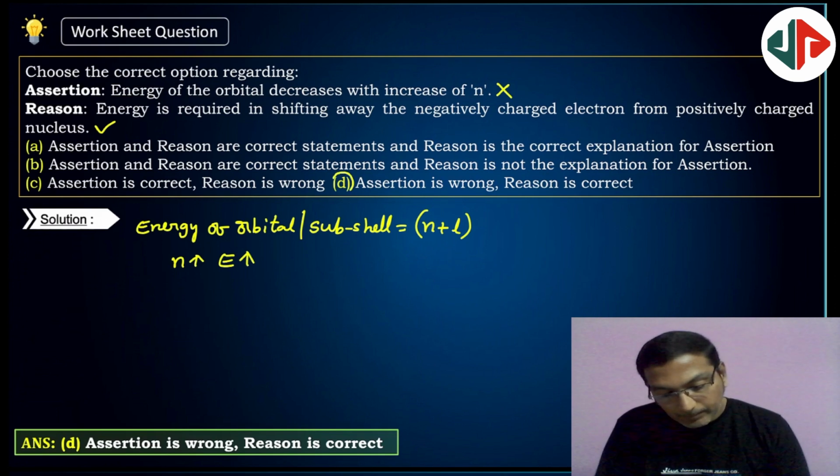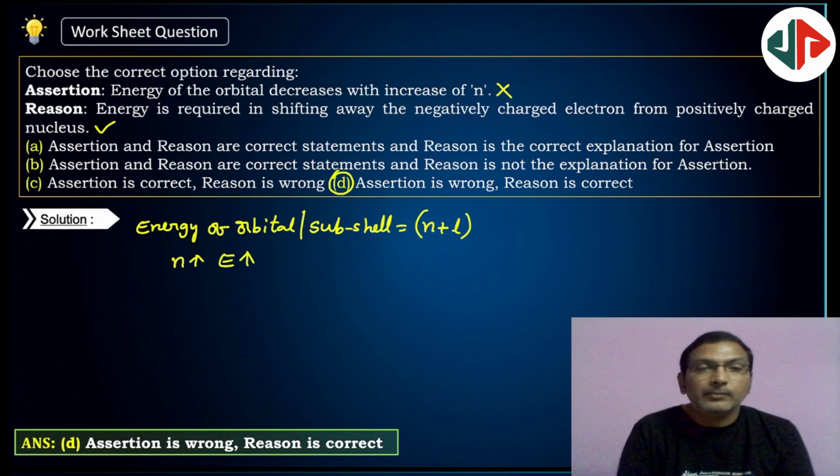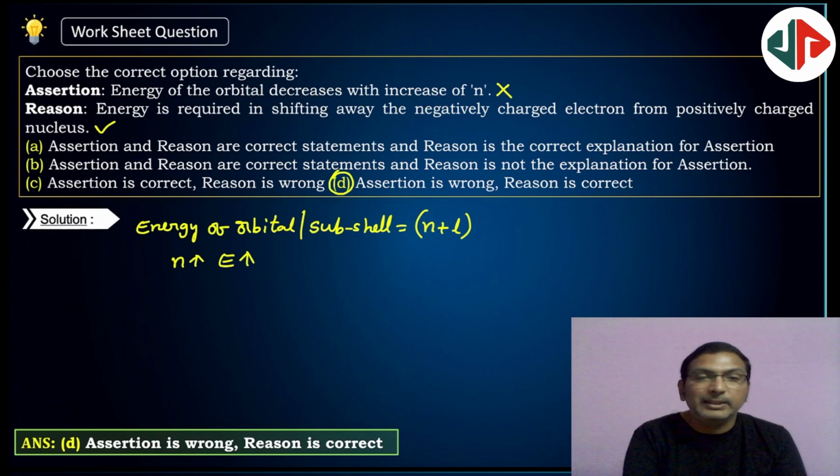Therefore, D. Theoretical question only. As the value of n increases, energy increases. Next, some amount of energy is required to separate the electron from the positively charged nucleus. Reason is correct.